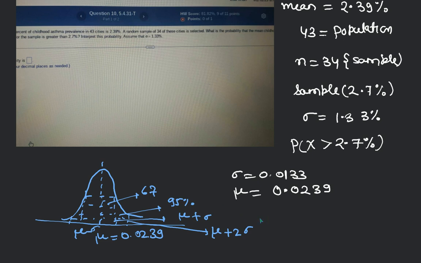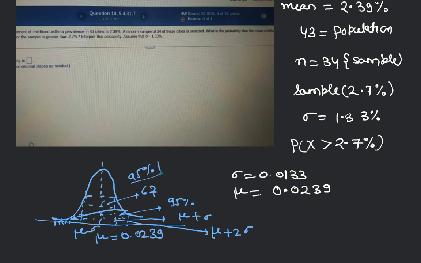Yes, you are. Okay, now our question is about the sample which is greater than 2.7%, so it should be the data from here to here. I can say this whole data is basically 95%.